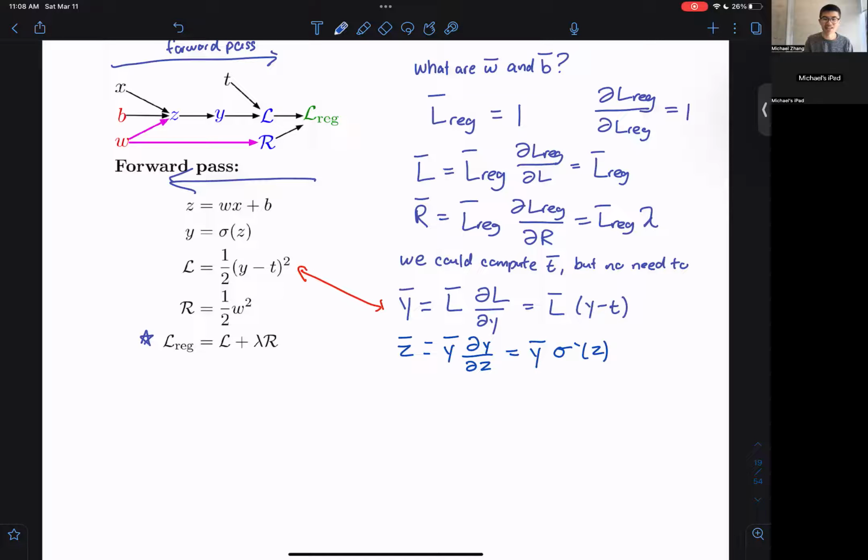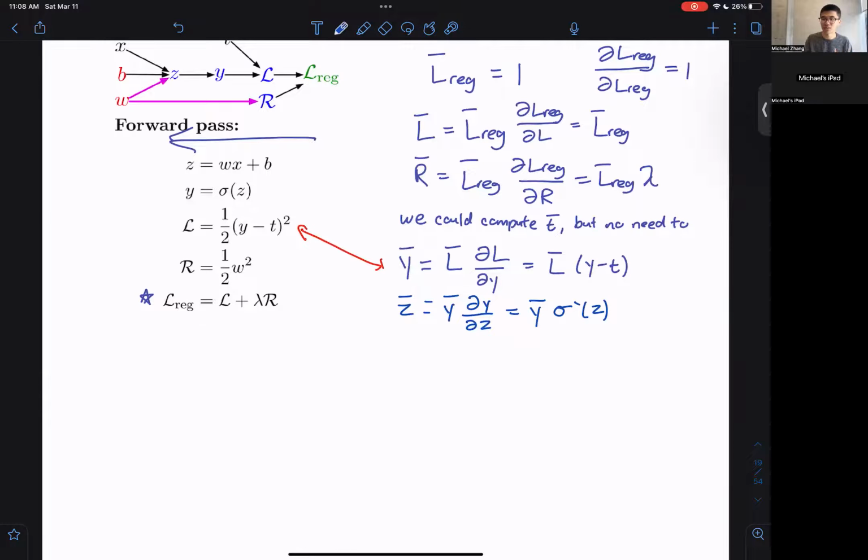So one thing to note is that these computations look really simple when you compose them step by step, but you can also interpret it under the previous framework as well. Z bar is asking how does L change with respect to Z, right?